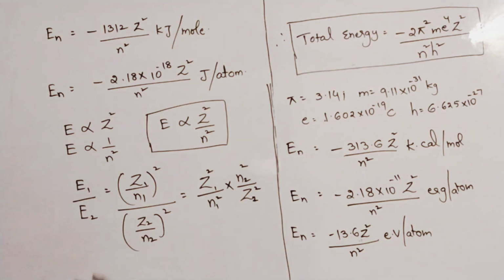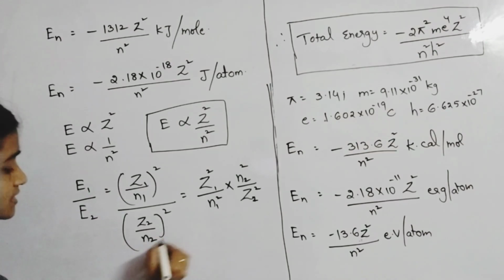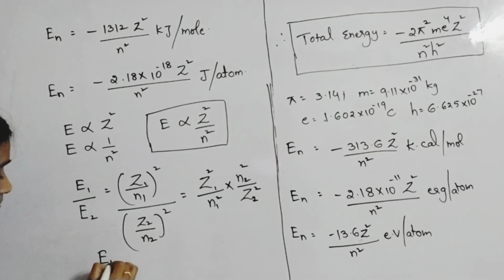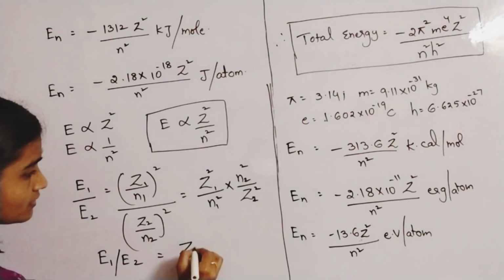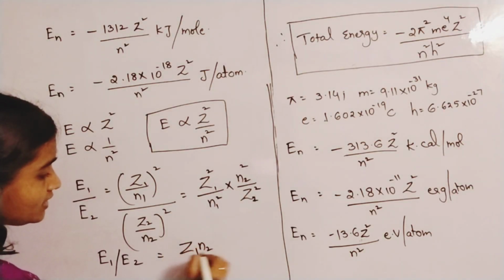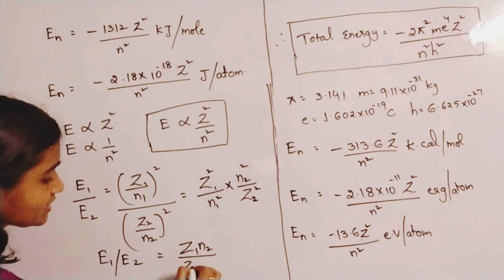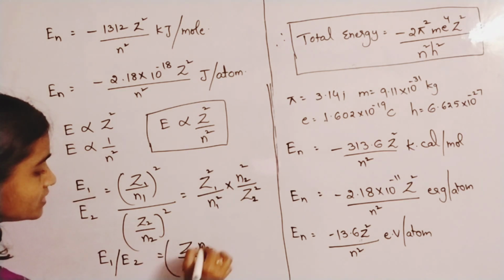So E1 by E2 is equal to Z1 N2 by Z2 N1 whole square.